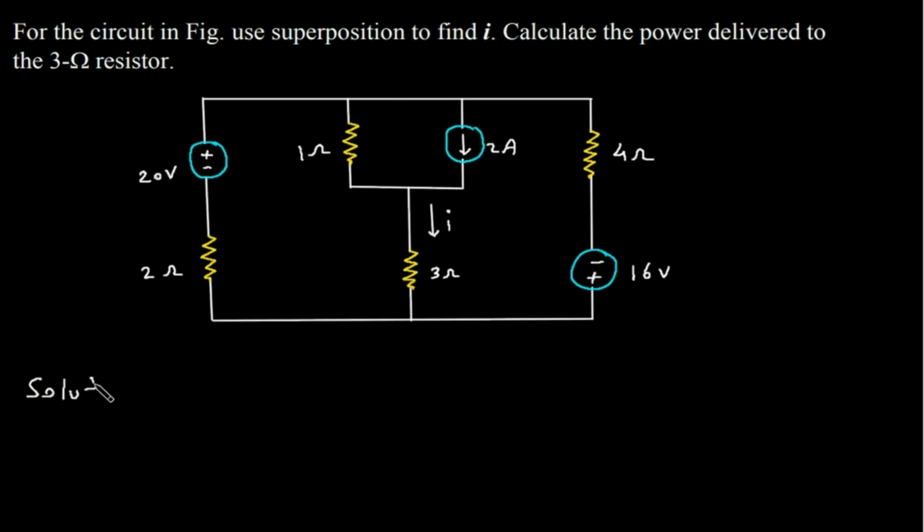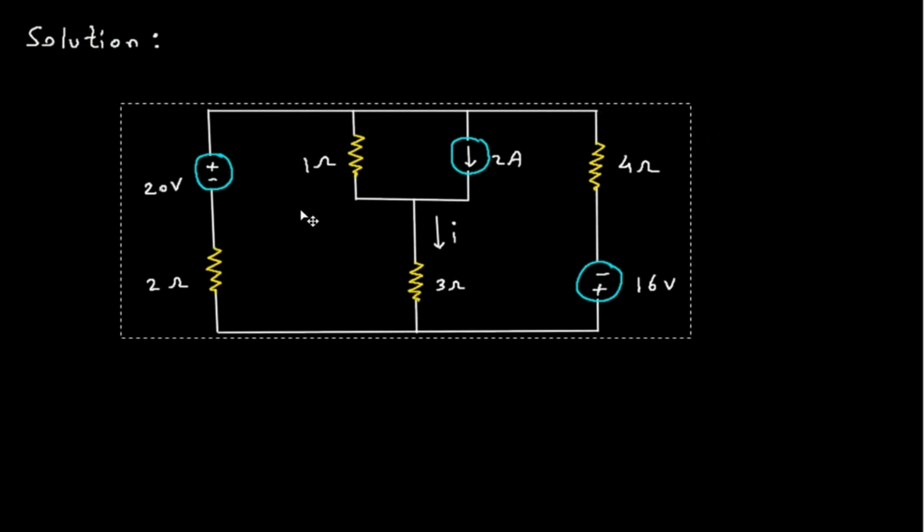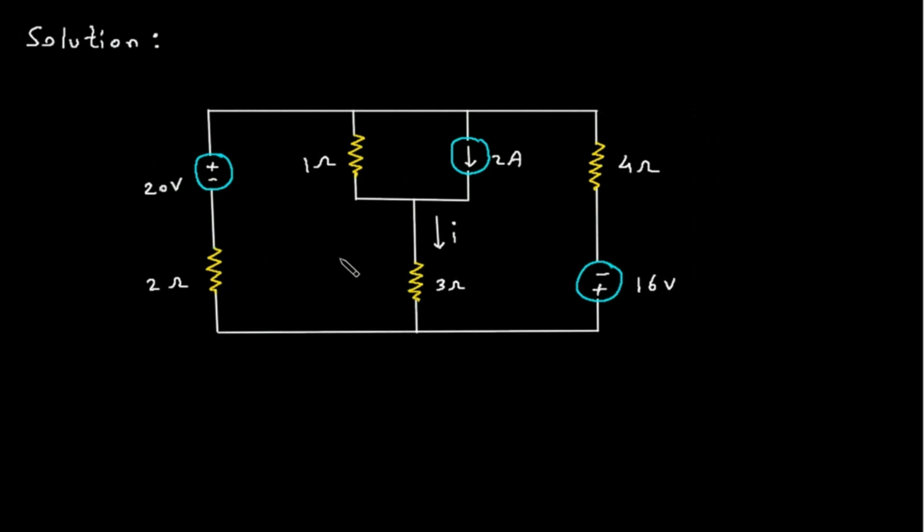Solution. First of all, we will redraw the circuit. Now, let's say I is equal to I1 plus I2 plus I3. Since there are total 3 independent sources, we have taken I1 plus I2 plus I3.